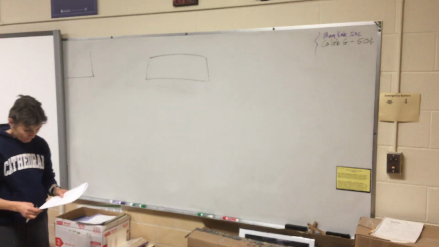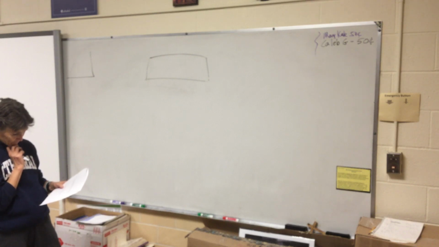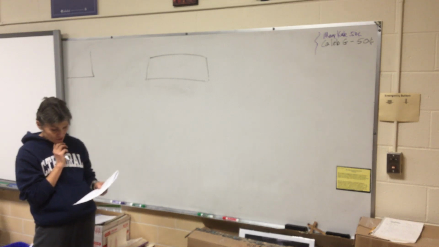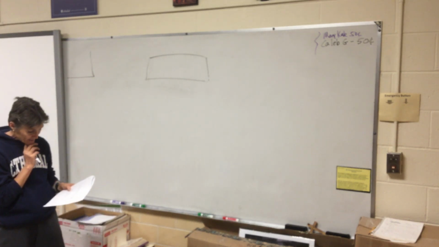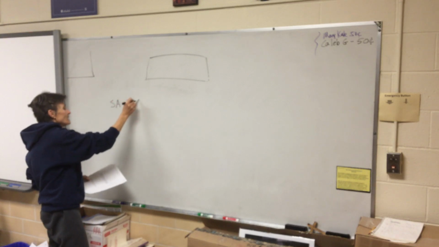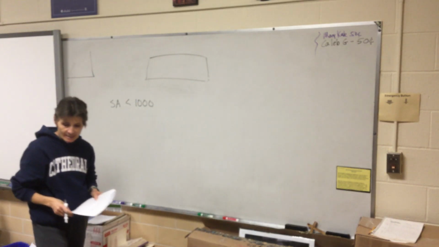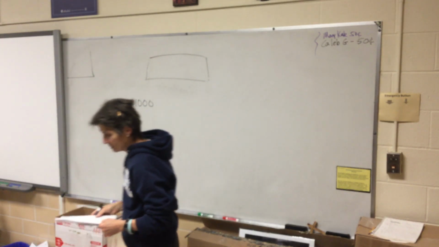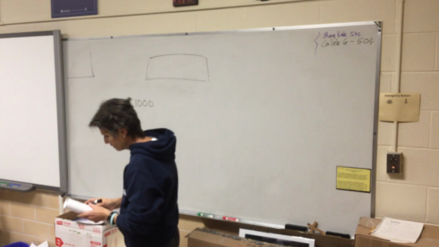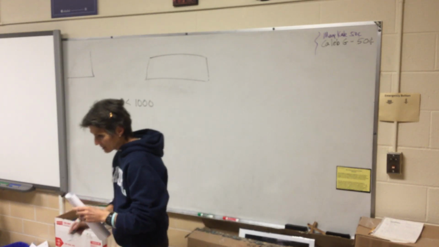All right. So let's see. The cans have a surface area that is less than 1,000. So the surface area has to be less than 1,000. That's the key. So y'all know what a can looks like. It's a cylinder, right?